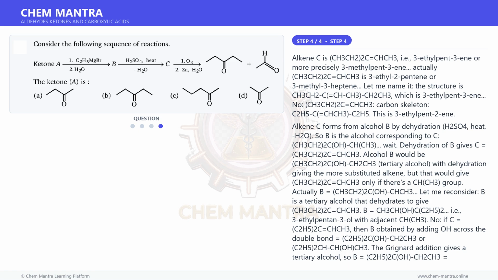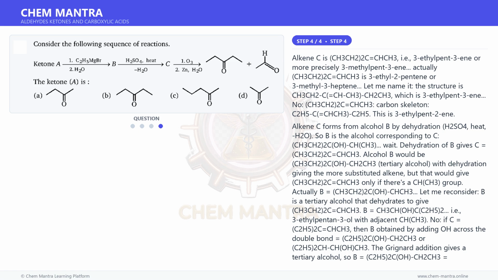B is a tertiary alcohol that dehydrates to give this alkene: B is (C2H5)3COH, 3-ethylpentan-3-ol, with an adjacent CH3 arising from an ethyl group.